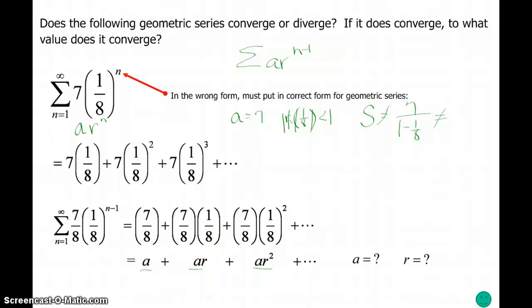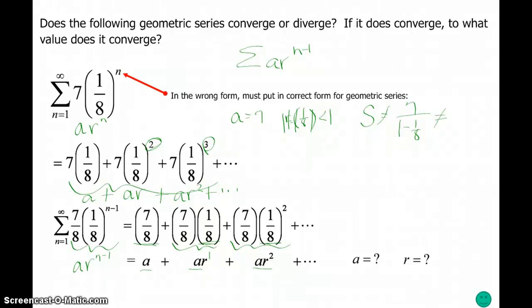So my suggestion is generate the first few terms. Force those terms to look like a plus a times r, where we are to degree 1, plus a times r squared, where we are to degree 2, which is what we've done here. You can clearly see here's a times r to degree 1, a times r squared, and that makes it easier to have it in the correct form, a times r to the n minus 1.